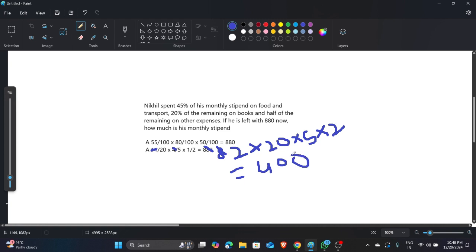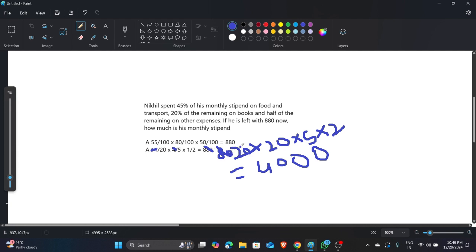Yeah, it is 400 only. Something I'm missing, I think. Something is missing. Yeah. So here the 20 is the answer. When 11 divides this number, the 20. No, sorry, the 80 is the answer. Yeah, 80 is the answer.